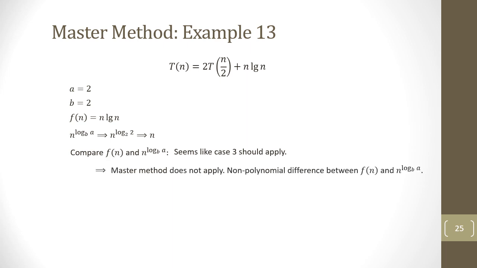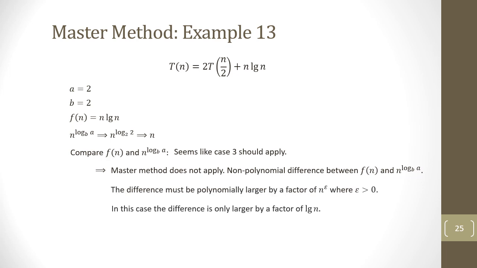However, there is a non-polynomial difference between f of n and n to the power of log base b of a, hence master method does not apply in this case. The difference must be polynomially larger by a factor of n to the power of epsilon, where epsilon is greater than 0. In this case, the difference is only larger by a factor of log n. So, for this recurrence equation, the master method does not apply.